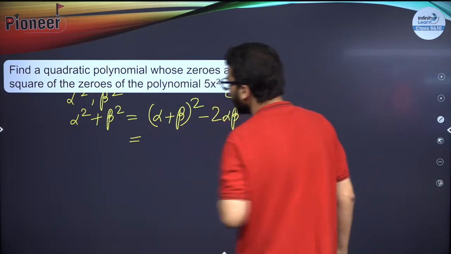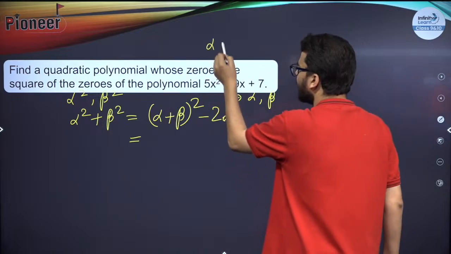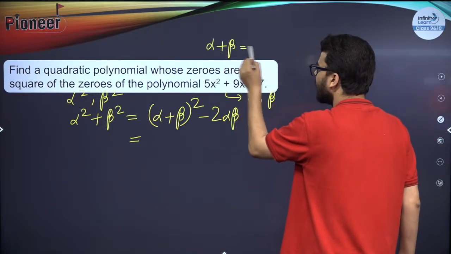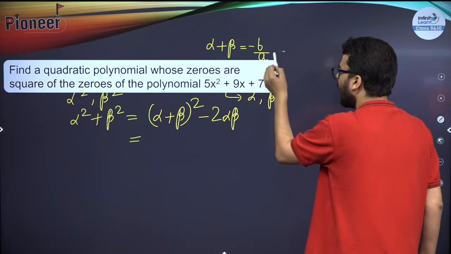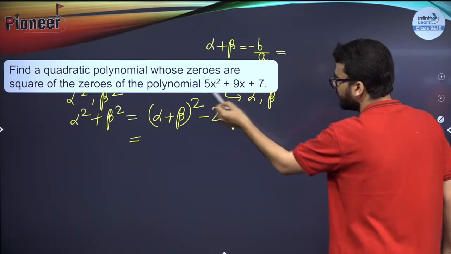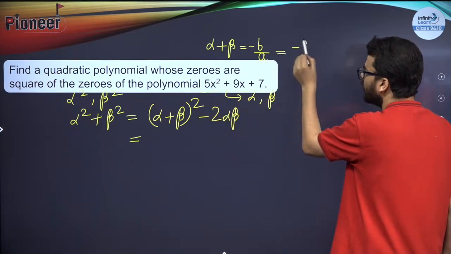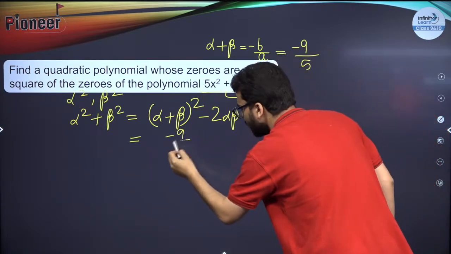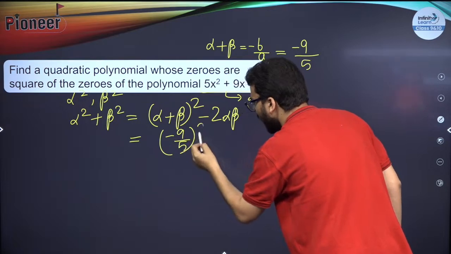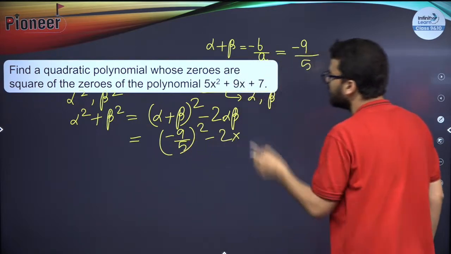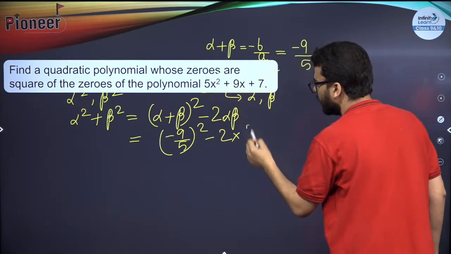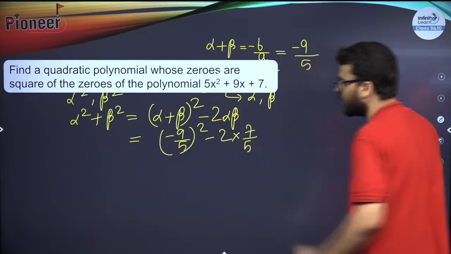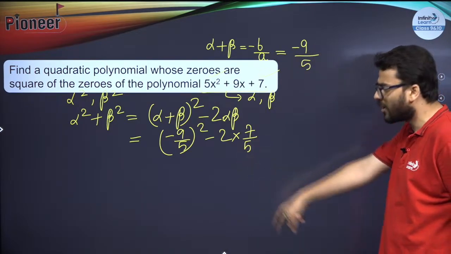Now alpha plus beta is nothing but minus b by a, and minus b by a will be, just see the quadratic polynomial over here, minus 9 by 5. So it is minus 9 by 5 the whole square minus 2 alpha beta, and alpha beta is c by a, so that is 7 by 5. So just simplify this thing, guys.